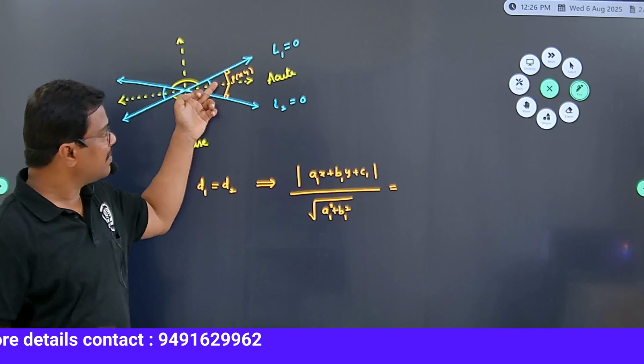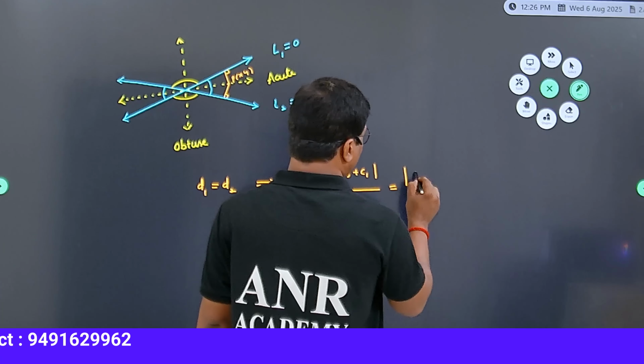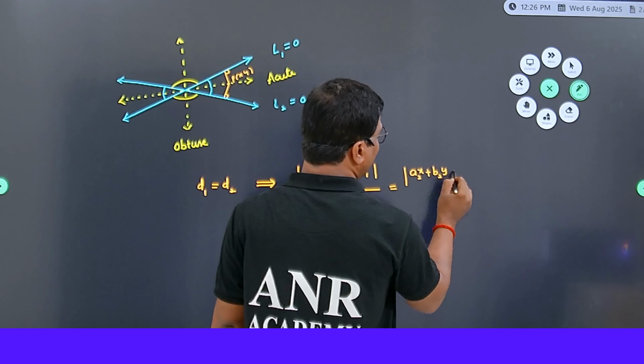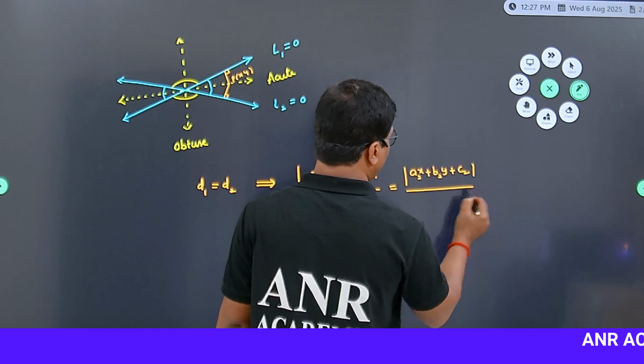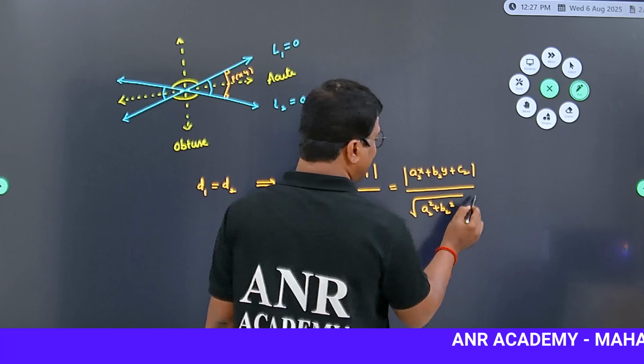D2 is the distance from point P to the second line L2. The distance formula I am going to write on the right hand side: A2x plus B2y plus C2 divided by root over A2 square plus B2 square.